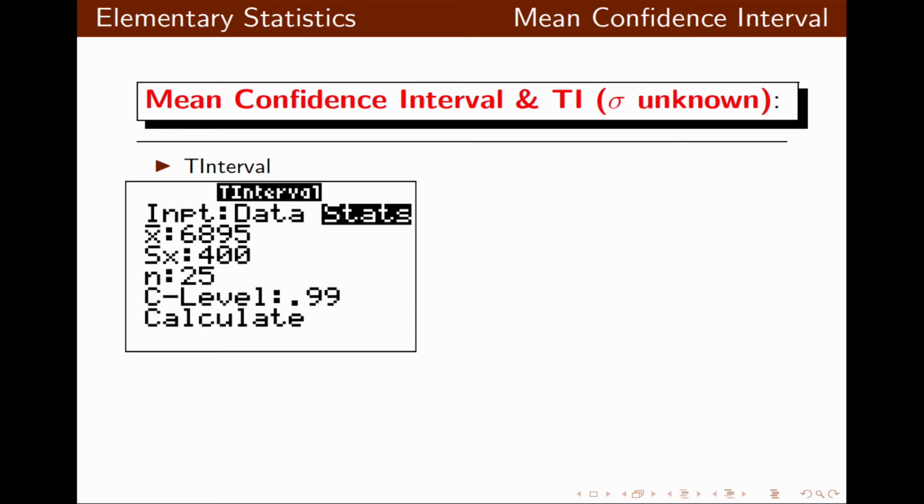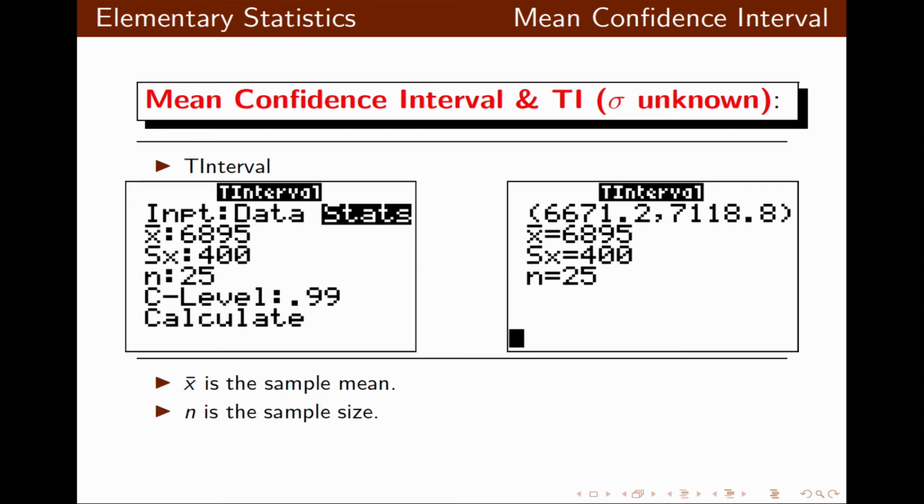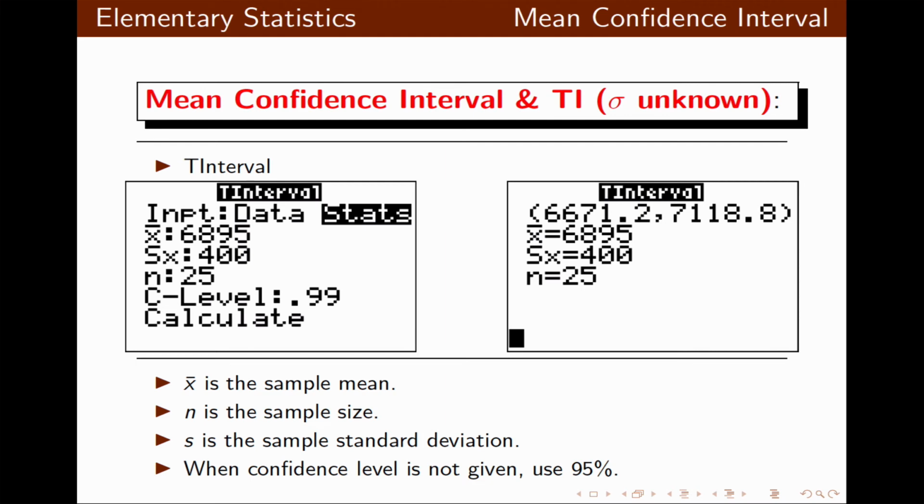You enter your x bar, your s, n, and the C level, and then press Calculate. The answer should appear on the top. Now, x bar is the sample mean, n is the sample size, s is the sample standard deviation, and once again, if the confidence level is not given, we use 95%.